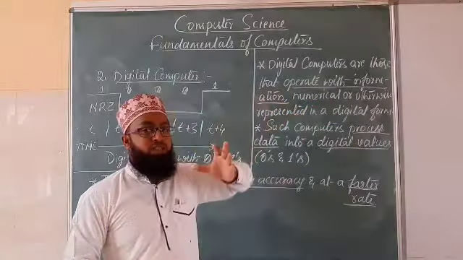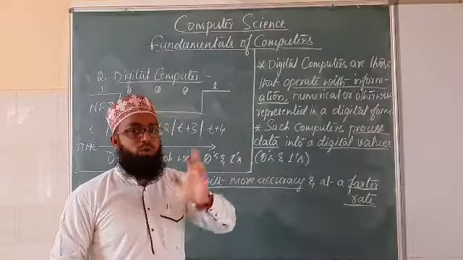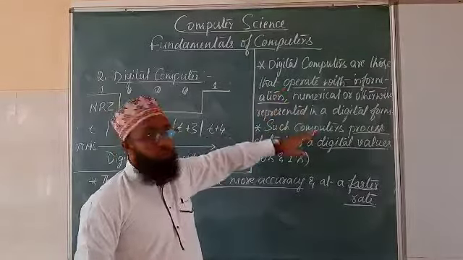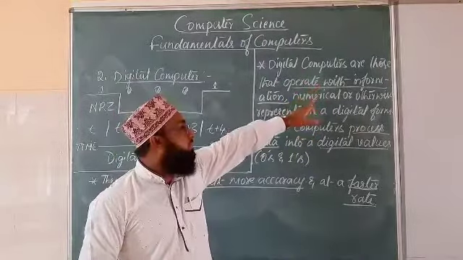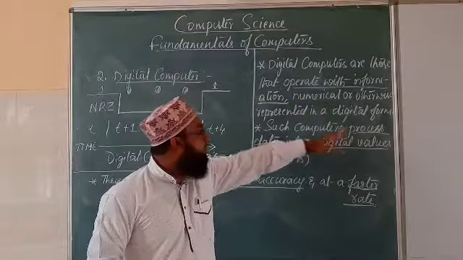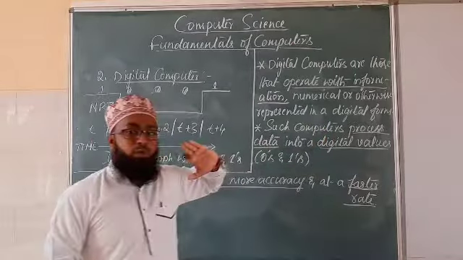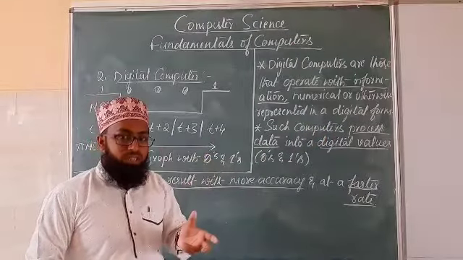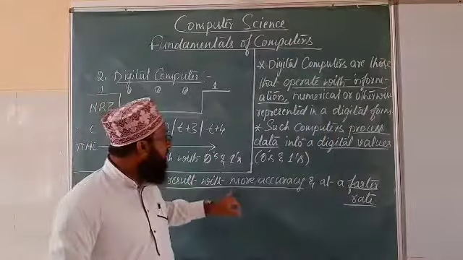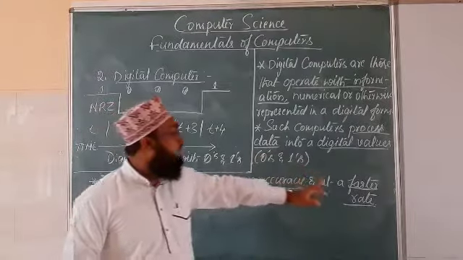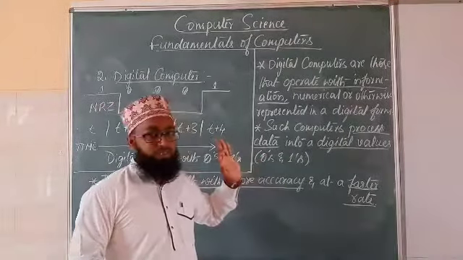Analog computers operate with a range of values, maybe minimum or maximum value, but digital computers work on information. The information may be numerical or digital values like zeros and ones.